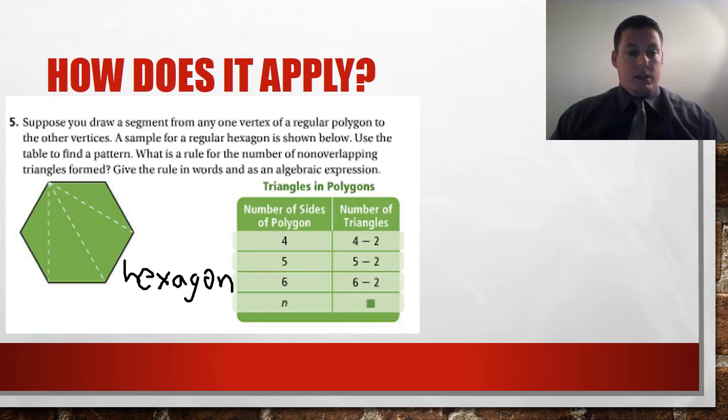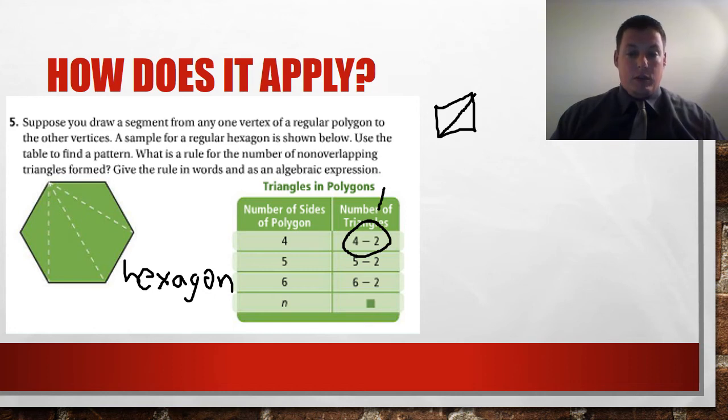And what the direction tells us is that if we have a square and we draw a line from one vertex across, if we pick one of the corners and draw it to each side that isn't already touching, we are going to form 2 triangles.